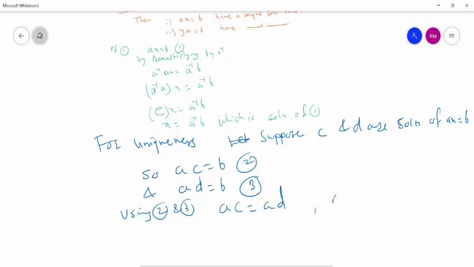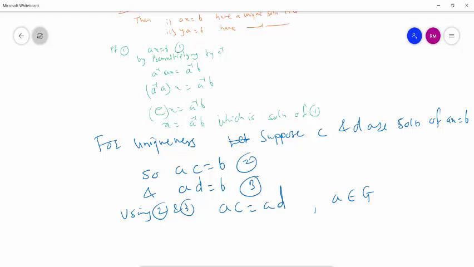Here note that A is an element of G. C and D are also elements of G, but I am focusing on A. A is an element of G, so A inverse must exist. Why are we doing this?